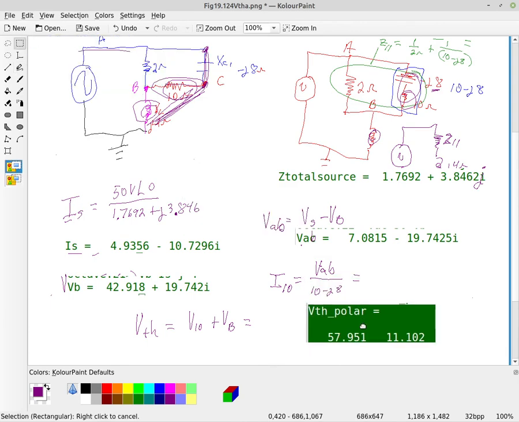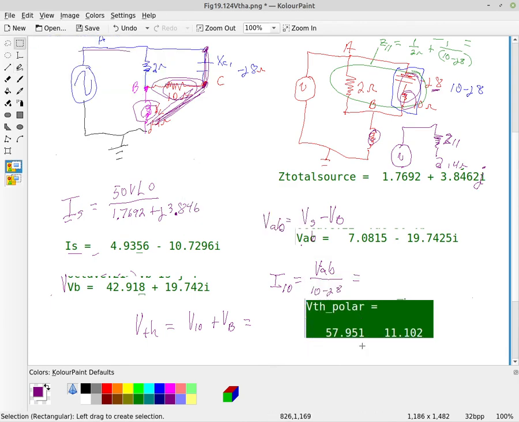Okay, so V Thevenin is 57 volts here at an angle of 11.102 degrees.